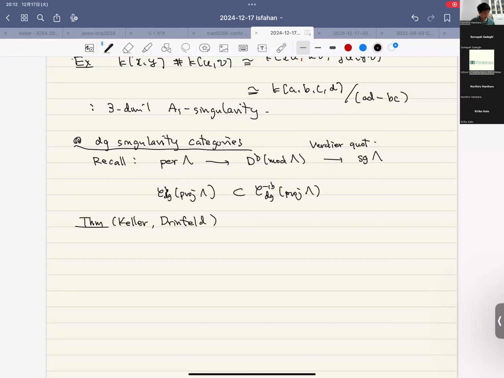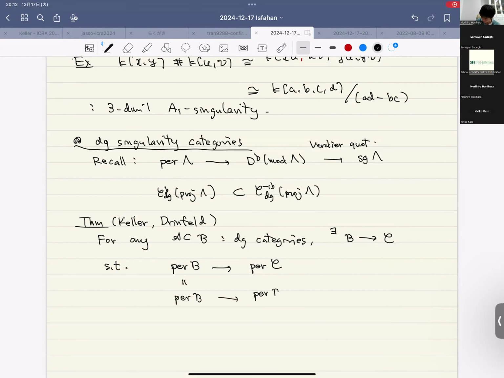For any inclusion of DG categories, there is a DG functor such that, at the triangulated category level, where we consider the perfect derived category of A and of C, this DG functor induces this Verdier quotient, in such a way that the diagram commutes.